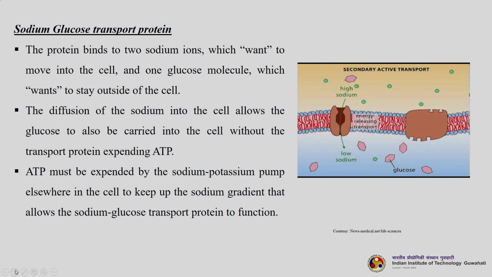So the diffusion of sodium into the cell allows the glucose to also be carried into the cell without the transport protein expending ATP. ATP must be expended by the sodium potassium pump elsewhere in the cell to keep up the sodium gradient that allows the sodium glucose transport protein to function. There should be a gradient of sodium, otherwise sodium would not move at all. This is how sodium and glucose transport happens.